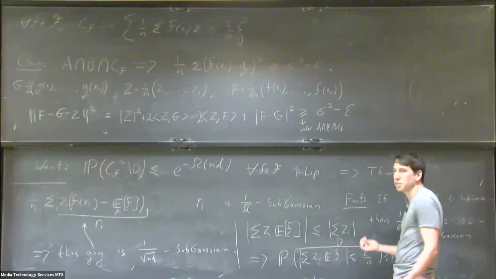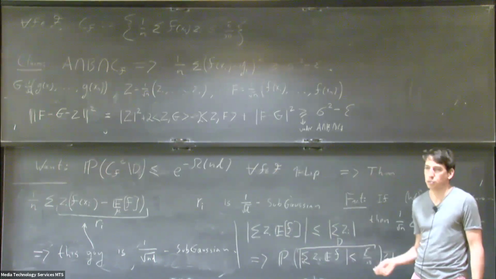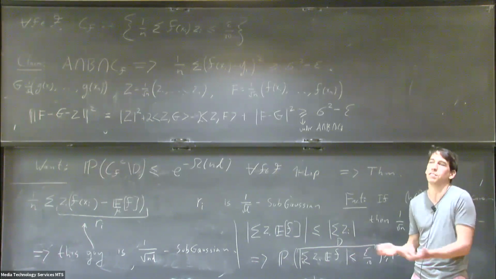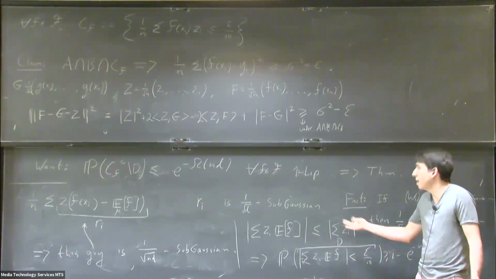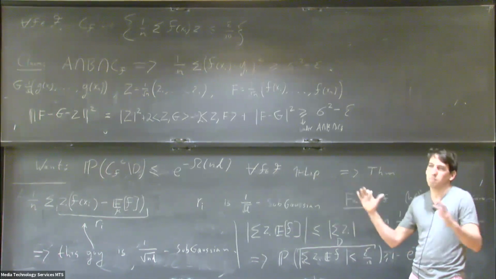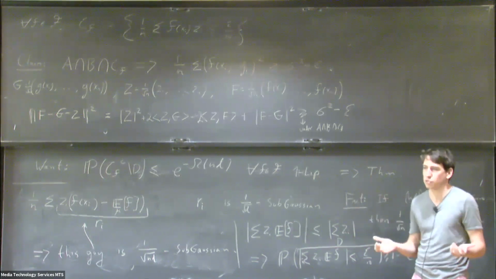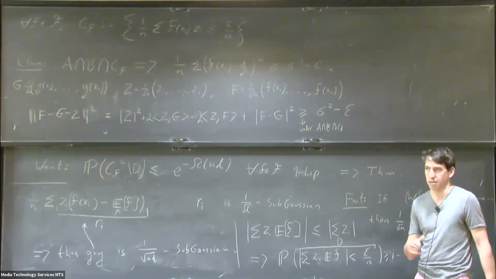We made a pretty strong assumption that the xi's are distributed in something very concentrated. If they're just distributed as a standard Gaussian, this gives nothing. They need to be distributed in something like the sphere, so that one-Lipschitz functions have variance 1 over d and not 1. Okay?